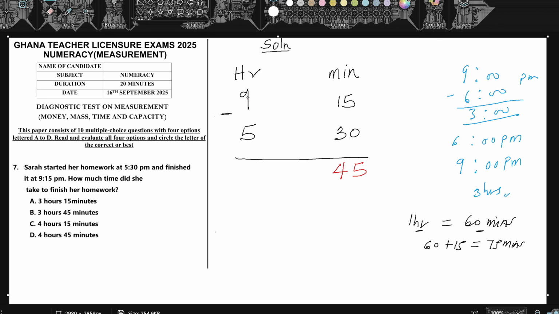And then 8 minus 5 is 3. So this tells us that Sarah spent 3 hours, 45 minutes doing her homework. 3 hours, 45 minutes. The right answer is option B.